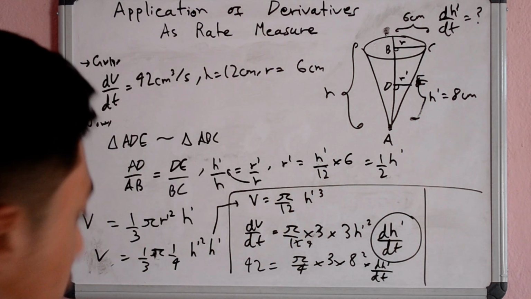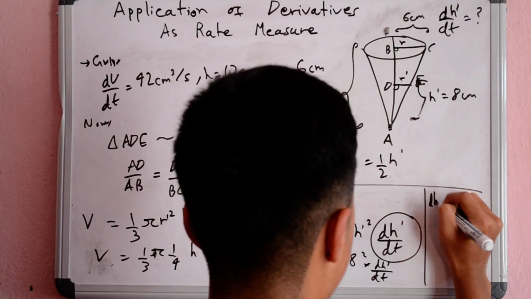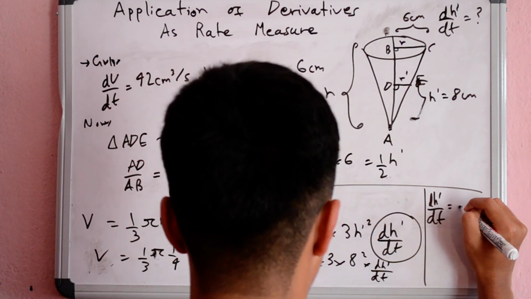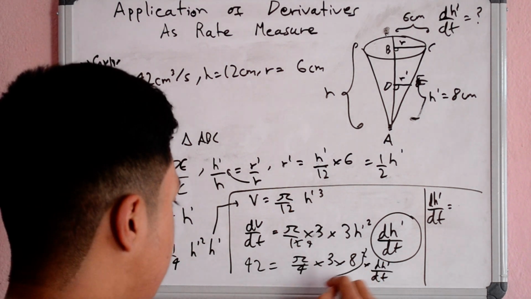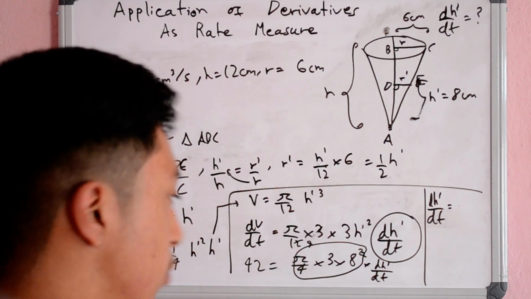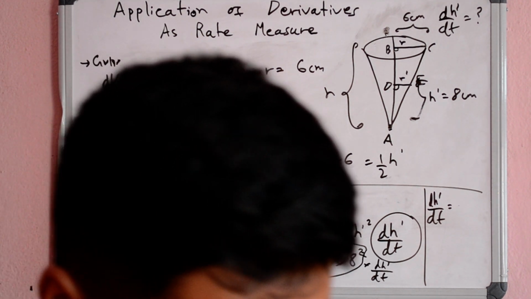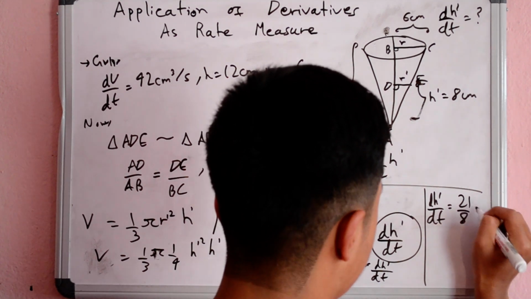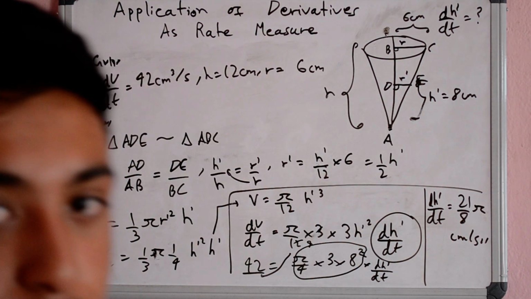So overall, let's just directly write the answer. All of this are just some value, and this will all go down here divided by 42, and the answer will be 21 by 8 pi centimeter per second. That is the required answer.